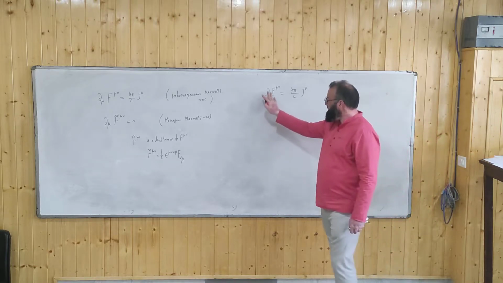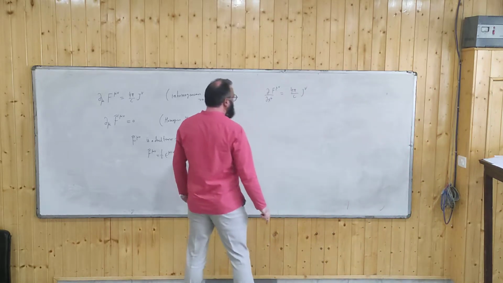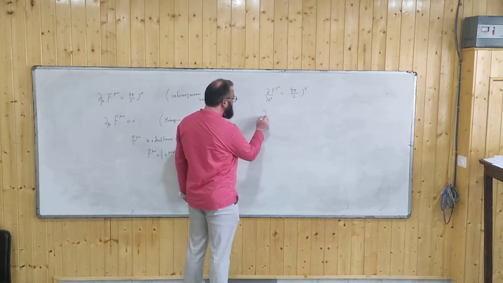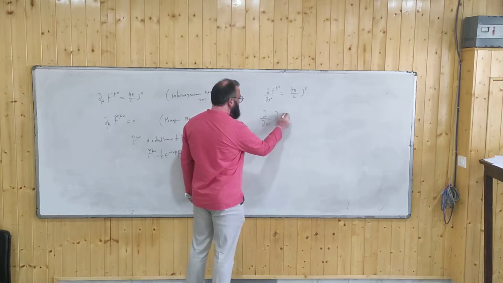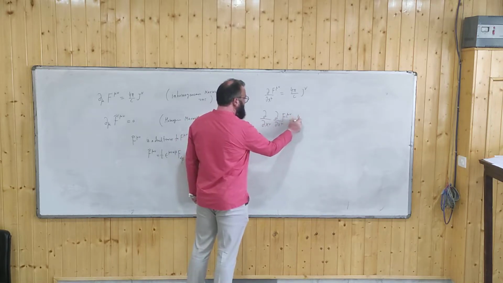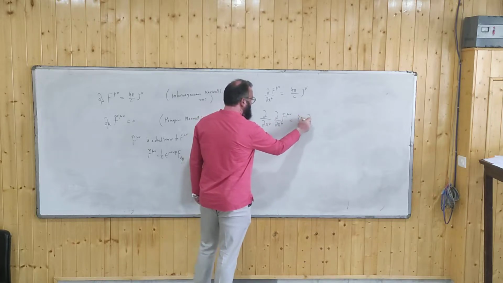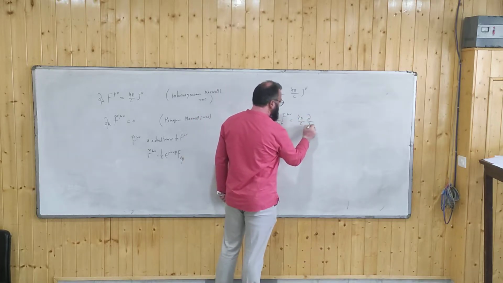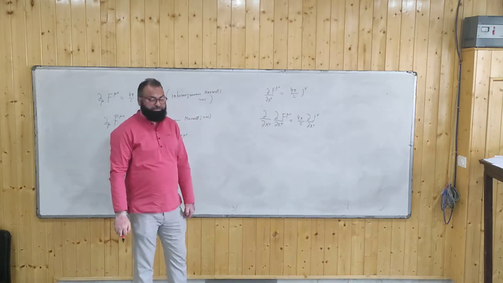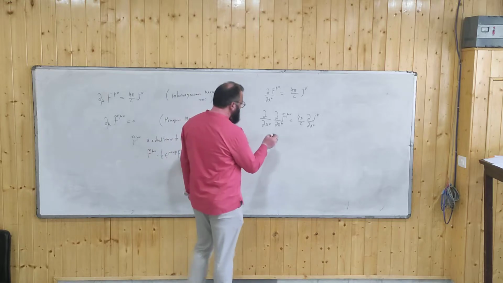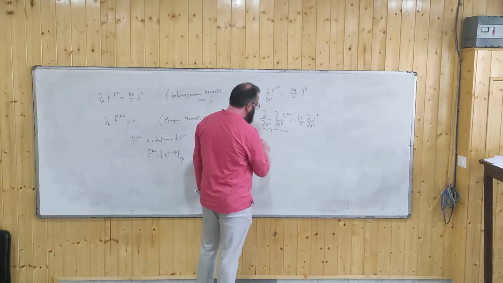Now let's differentiate this on both sides, partial by partial x nu, partial by partial x mu. So now let's look at this very quantity on this side.